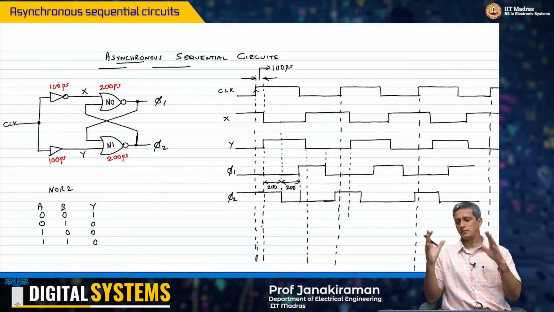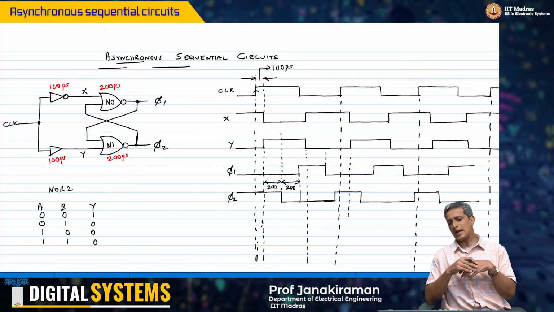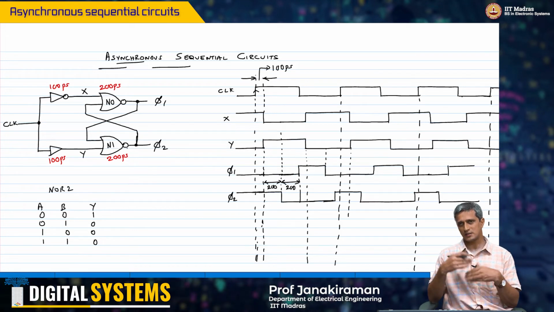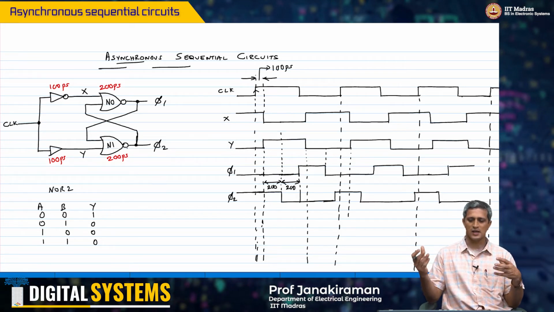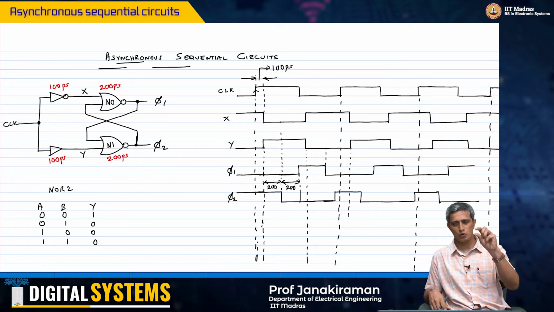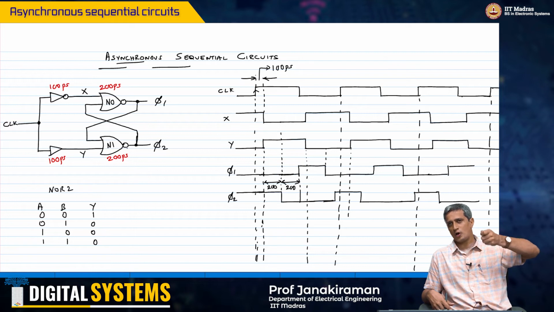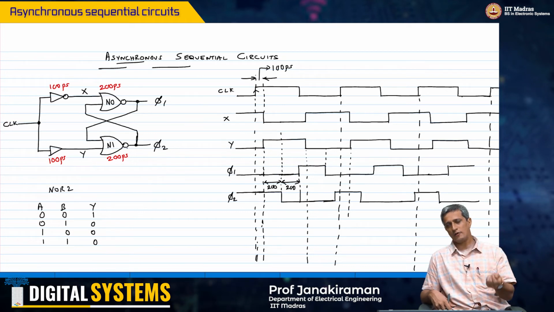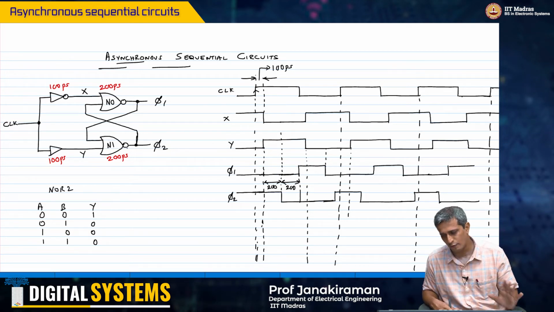So this is a very simple example, and on a case by case basis you can analyze such things. But the problem with such circuits is you can have glitches that cause the circuits to malfunction. So you must be very careful about this.